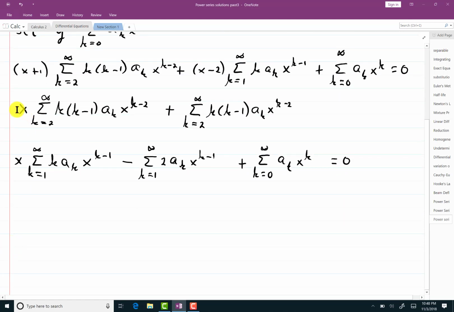So let me go ahead and multiply through the x. That'll change this to x to the k minus 1. When I multiply through by this x, that'll change that to x to the k. So there's this first series here. I'm not going to do anything with this one just yet.